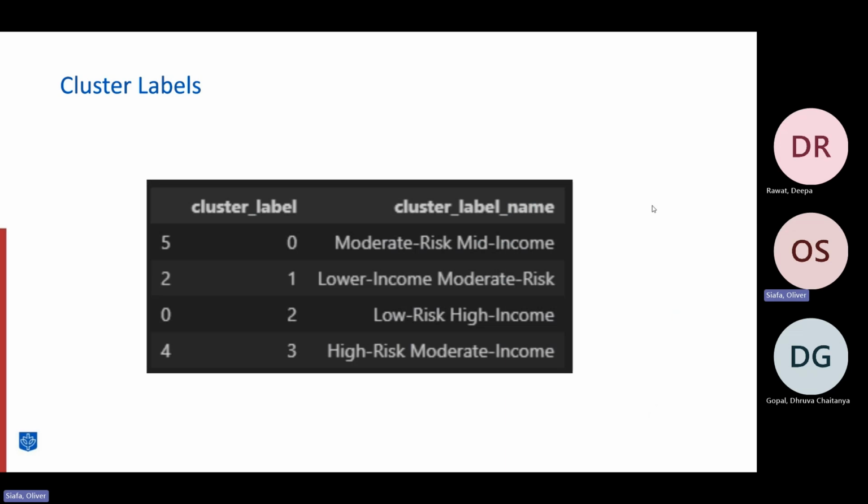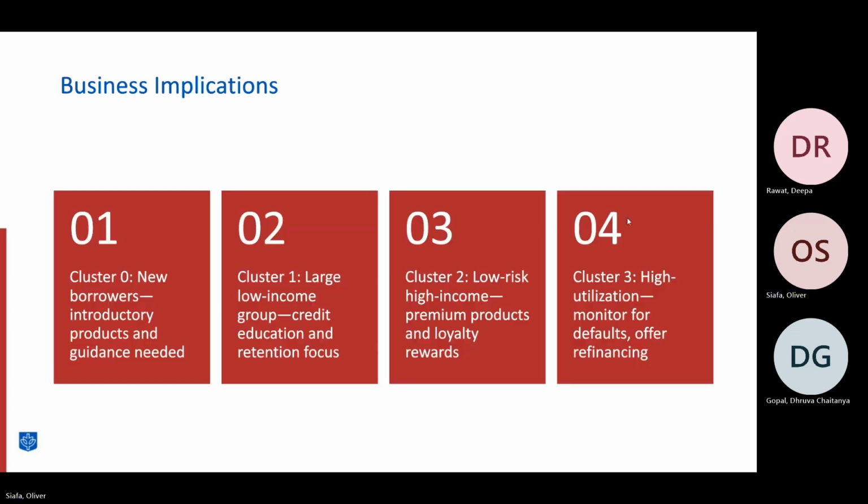Next, we assign cluster labels to aid in the interest rate aspect of our analysis. For the business implications of clustering, for cluster 0, our new borrowers, we see a clear need for introductory products or more guidance.